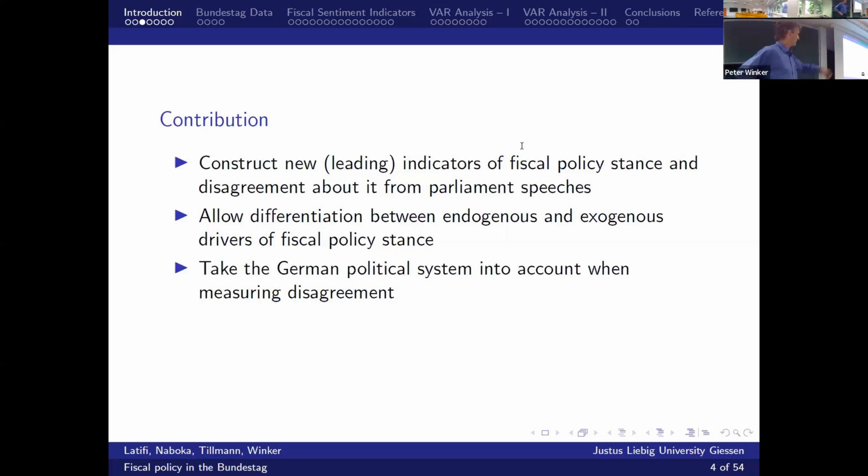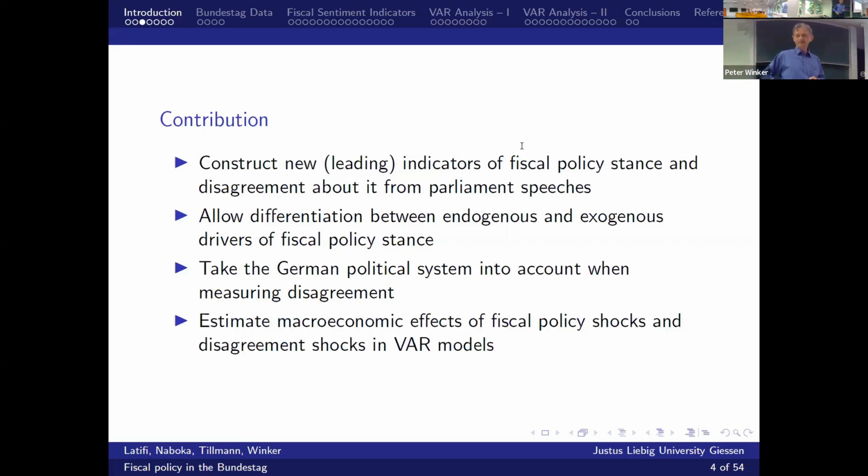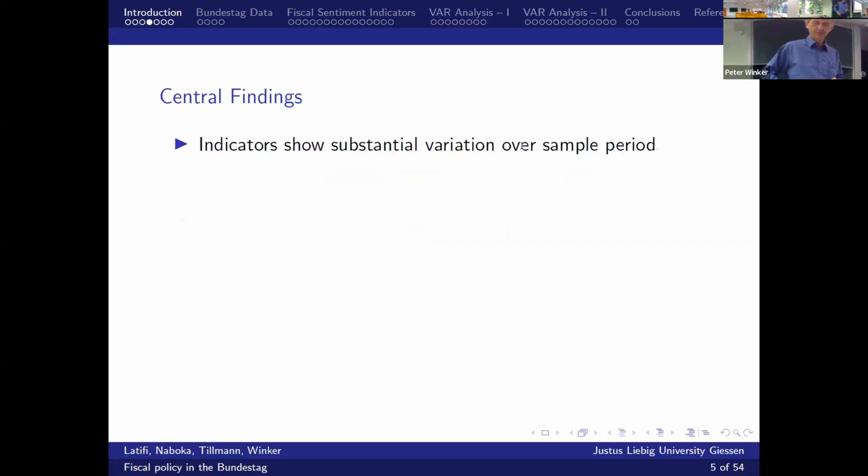Well, with measuring disagreement, I mentioned this government or coalition governments. So you cannot transfer these ideas one-to-one to the US system for obvious reasons. And then we estimate the macroeconomic effects by our standard VAR models in a way. Central findings: we have variation of the indicator.